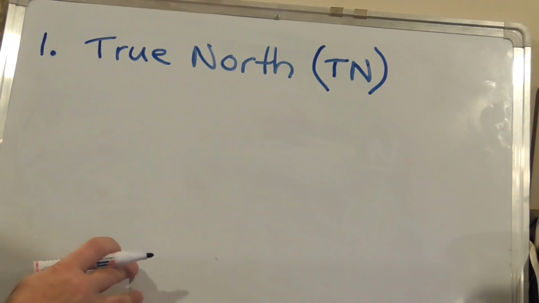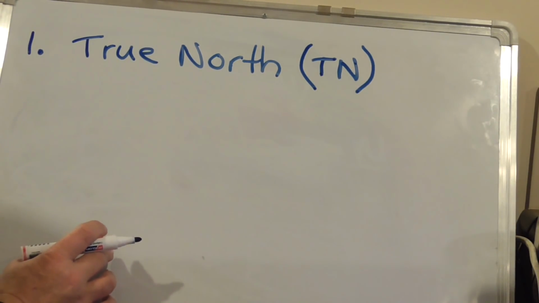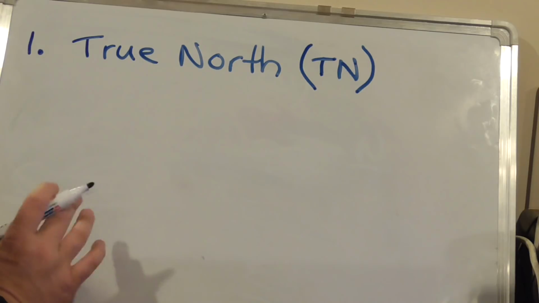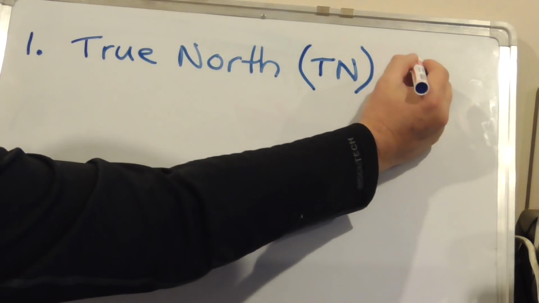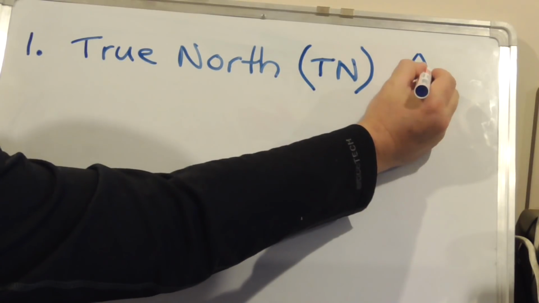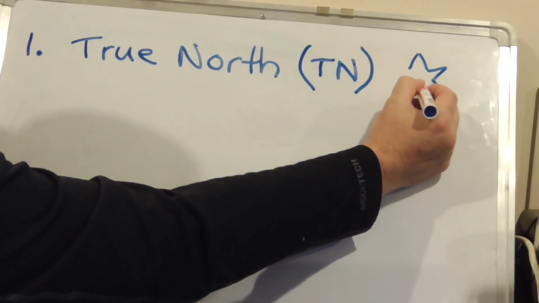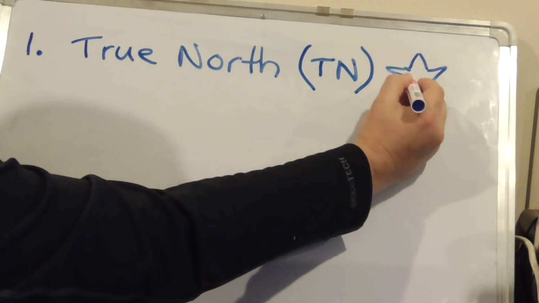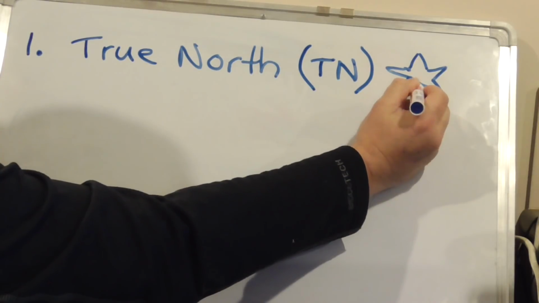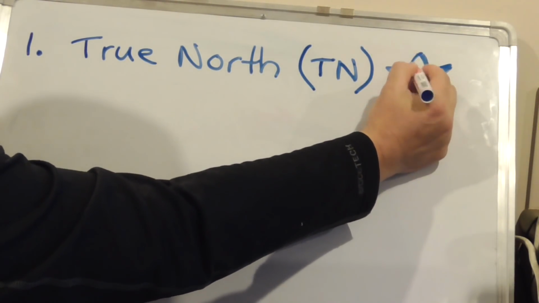And that's the abbreviation. There's also a symbol normally used for true north, and the normal symbol is a star. Hopefully my star turns out, like so. So there's our star. That's the symbol for true north.